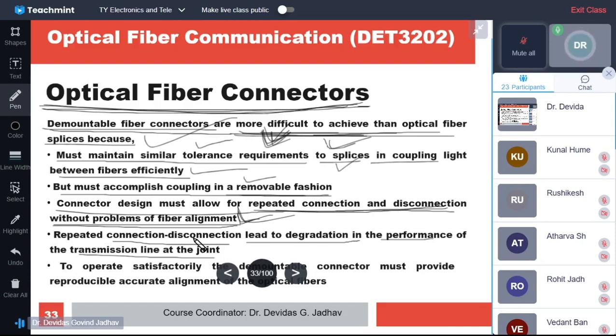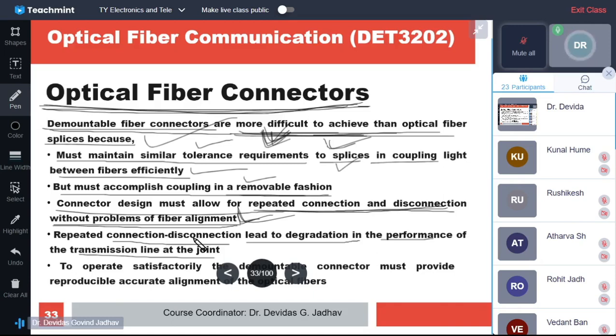Why? Because there is surface wear and tear, there are changes in the dimensions of the fiber. Due to that wear and tear, there may be misalignments, and that introduces the loss and that reduces the performance. And each time there may not be assurance that alignment is made well.